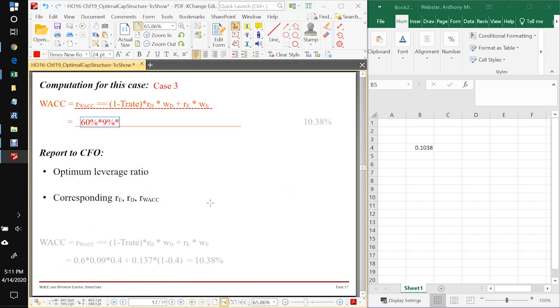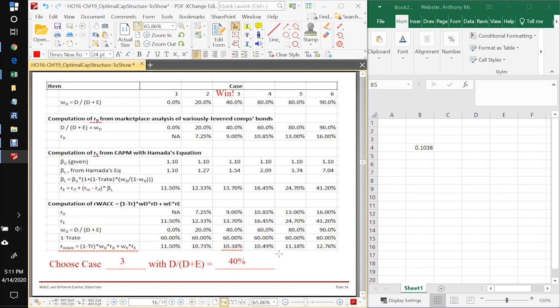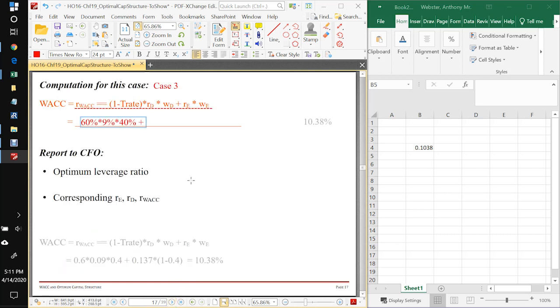And the weight of debt there was 40%. And then plus, I have to look up the equity cost of capital here, which is 13.7%, times, and if the weight of debt is 40%, the weight of the equity better be 60%.